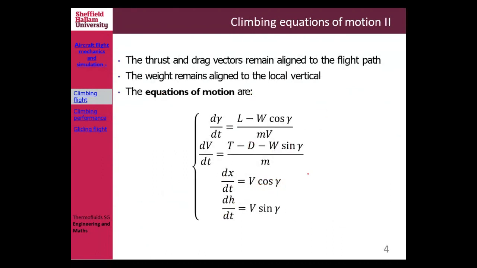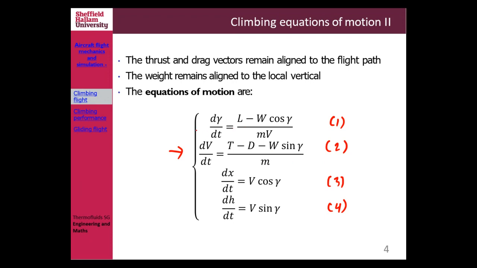Right. So all those equations are then written again in this form. This is the first equation, this is the second, this is the third, and this is the fourth equation. You have this from the x-axis equilibrium, right? Remember that: dV/dt equals T minus D minus W sin gamma divided by m, because in the initial equations m is just there.